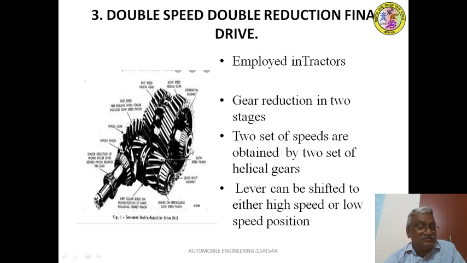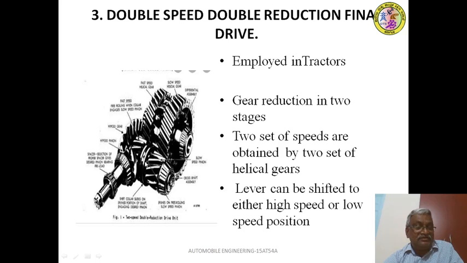That is not shown in this diagram. And here you can remember that it resembles the main shaft of a constant mesh gearbox. Same as that, here also these two gears are freely revolving.